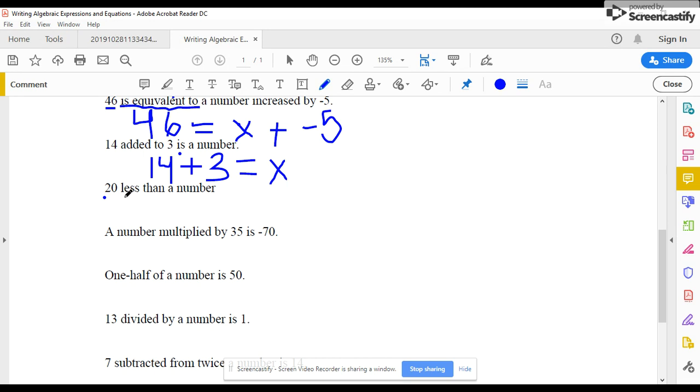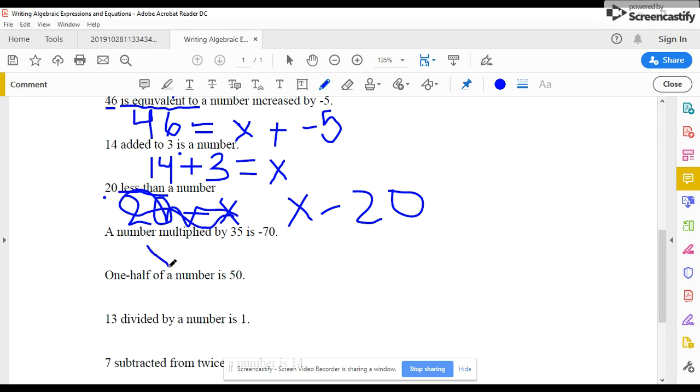Next one, 20 less than a number, and less than is one that is starred. So we're going to flip around and say x minus 20. And we're going to scribble out this one because it's not right.